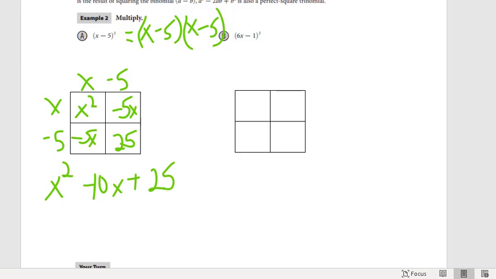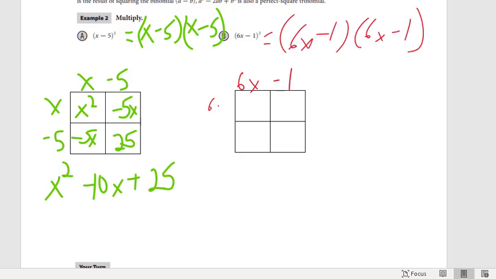All right, and do it for this one, 6x minus 1 times 6x minus 1. Write it out. Make sure you keep track of that negative. Now we multiply it. 6x times 6x is 36x squared.